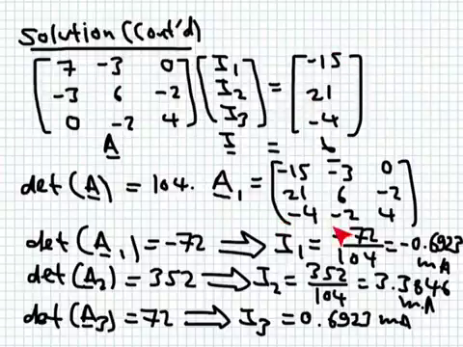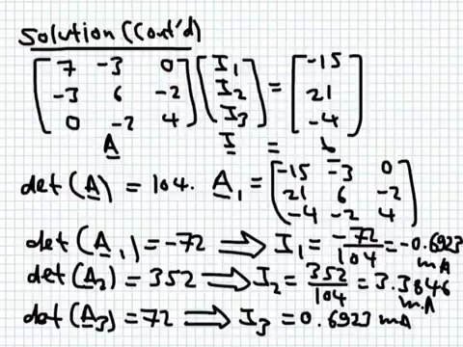So we end up with this matrix A1 here. You can see this first column is the right-hand side, while the other two columns are coming from the matrix A. The determinant of this matrix A1 is minus 72. This means that I1 is the determinant of A1 divided by the determinant of A, so you get minus 0.6923.